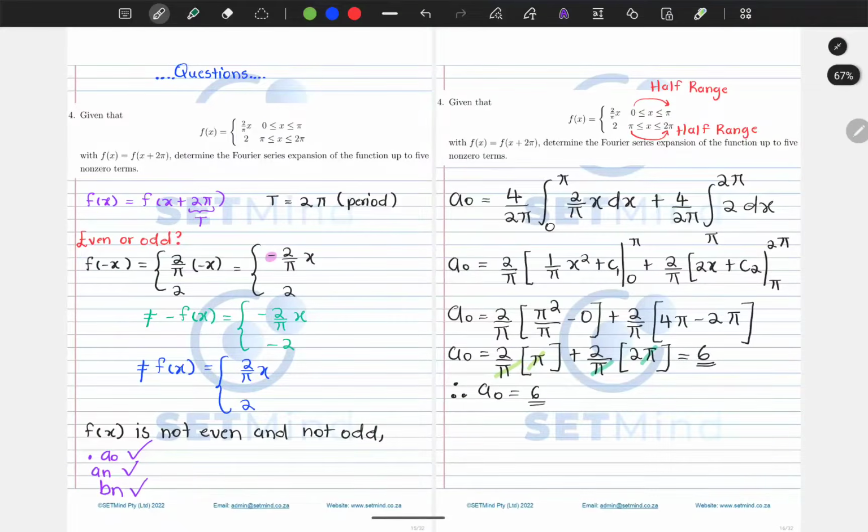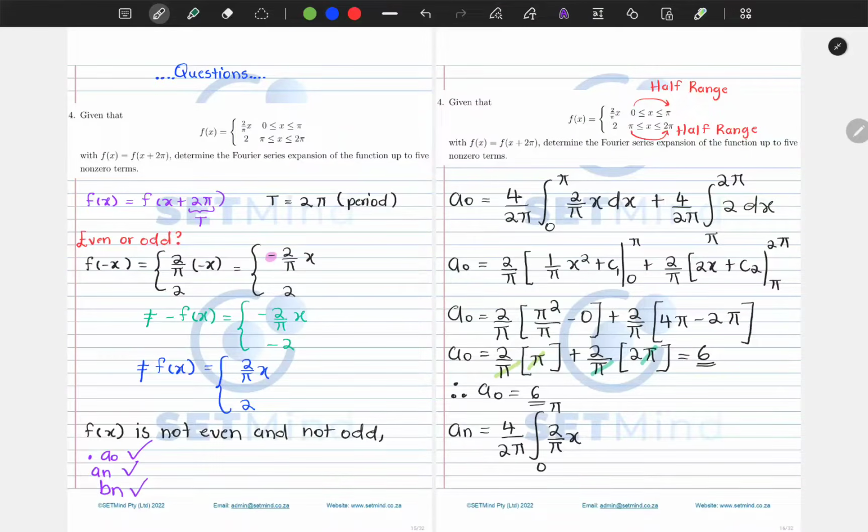So done with a0, we now need to go to an and eventually also find bn. So let's start with an. Our an will be 4 also, because we are working with half range. So 4 over 2 pi. Then our integral from 0 up to pi, what we are integrating is our 2 over pi times x.